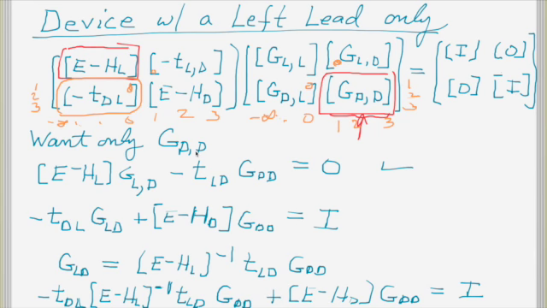This GDD over here, that's what you need, the 3 by 3 part, and you've got this infinite part. We just included the left lead to keep things compact. And you have to do something to get rid of that semi-infinite part.